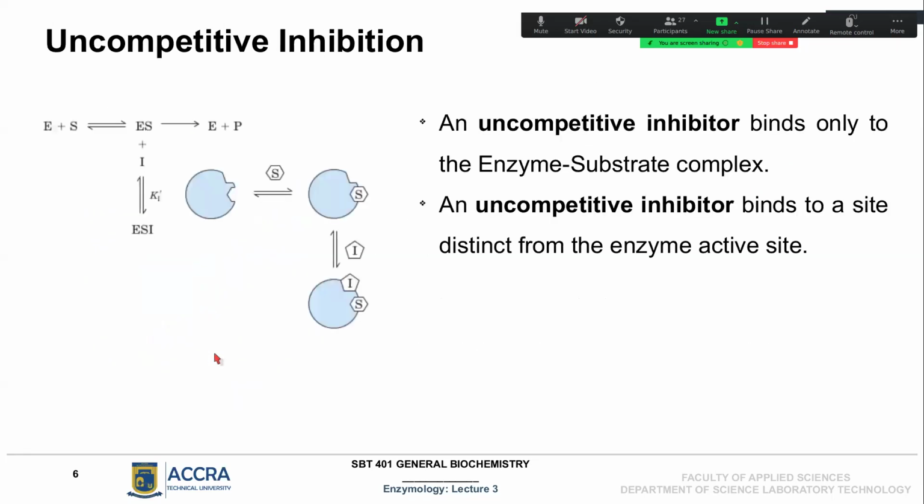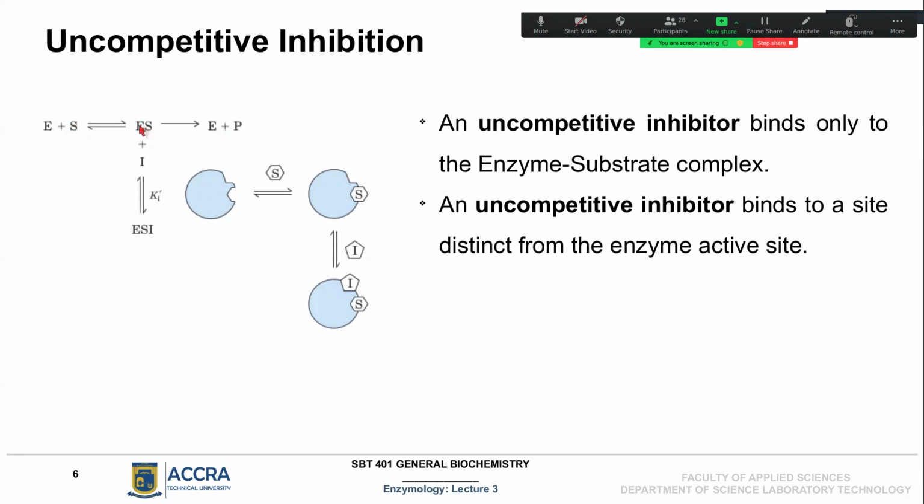Now, how about what we refer to as uncompetitive inhibition? Here you look again at the normal process of an enzyme that binds to a substrate S to give you an enzyme substrate complex, and then gives you a product that, when it dissociates from the enzyme, you have the free enzyme that can continue to catalyze the reaction.